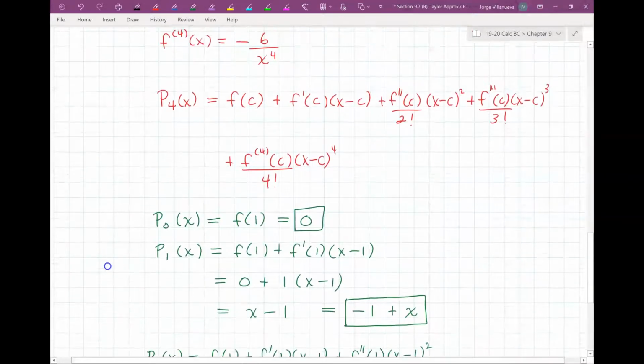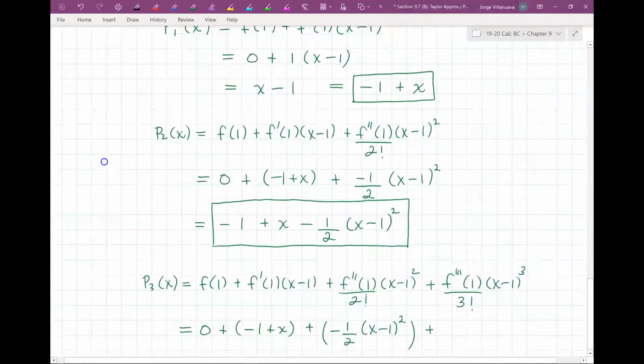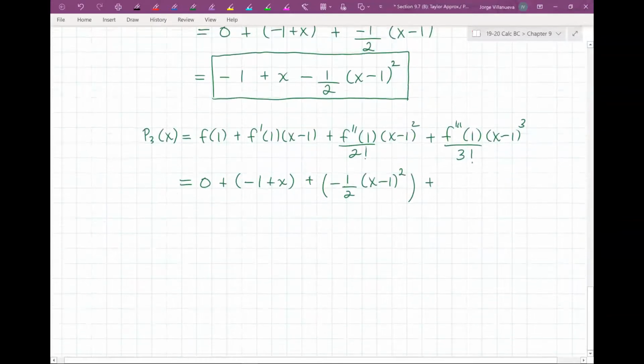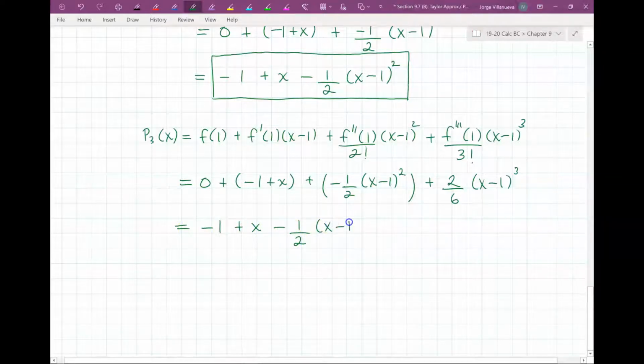A positive 2? I got to go back up. Yeah, positive 2. And then a negative 6 is next. So this will be a 2 over 6 x minus 1 to the third. So let's clean that up. That's going to be negative 1 plus x minus half x minus 1 squared plus 1/3 x minus 1 to the third.